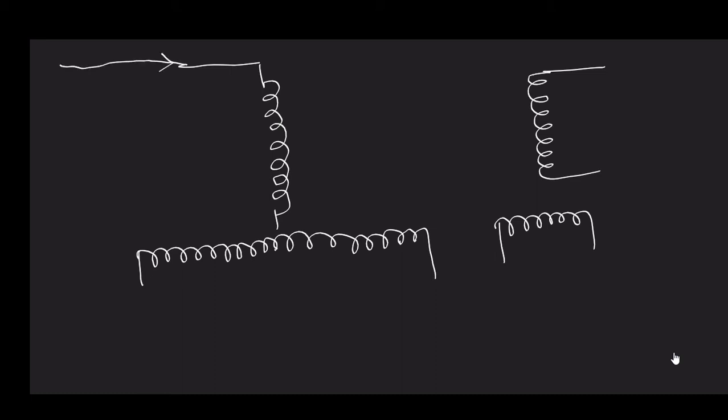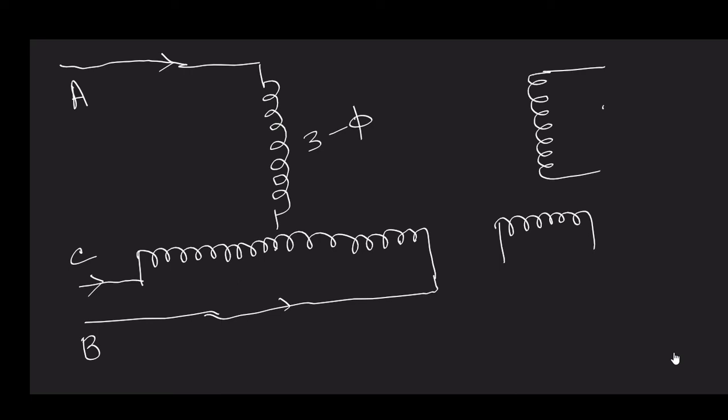If you can recall, it was A, C and B. Here it was clear that this was three phase, this was two phase. However, if you compare these two, can you tell me how many physical transformers were there? Two physical transformers were there.